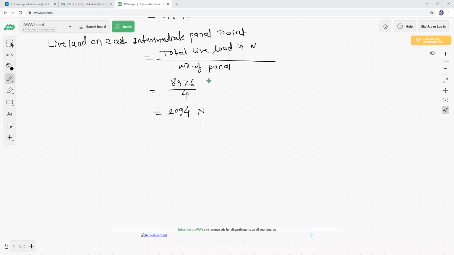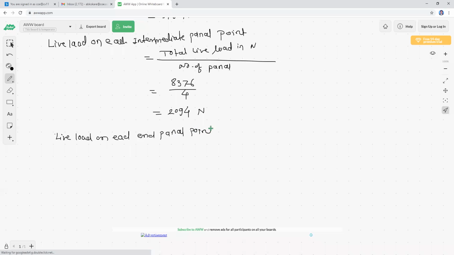Others, please. Is this correct? 2094. I got only one answer from chat box. Okay, correct. 2094. Now we have to calculate live load on each end panel point.